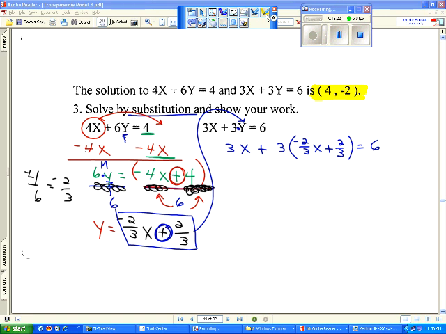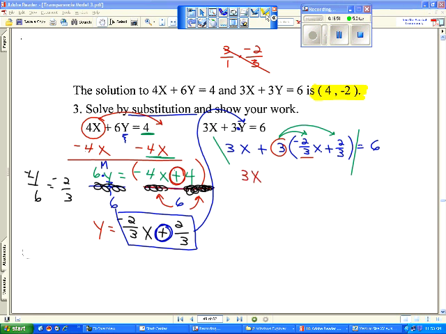Now we're going to do anything we can to simplify in the order, please excuse my dear Aunt Sally, looking for distributive property and combining like terms. Now what we have is this 3 times that negative 2/3, which is 3/1 times negative 2/3, which the 3's cancel, and we get negative 2x.